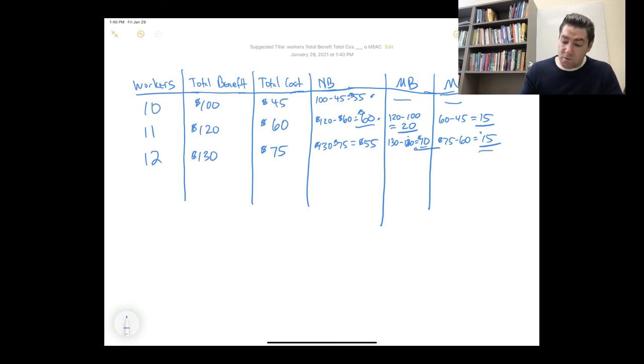So notice now the marginal benefit is less than the marginal cost. So if I hire that 12th worker, my net benefit is going to go down. And that's exactly what we see here. So if I optimize on the margin by continuing to add as long as the marginal benefit exceeds the marginal cost, I'm still going to stop at the 11th worker.